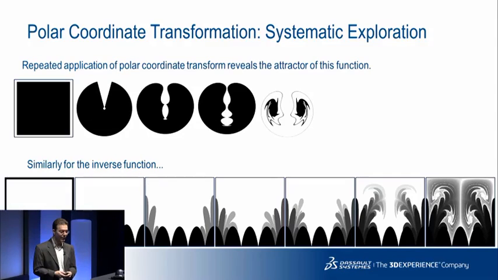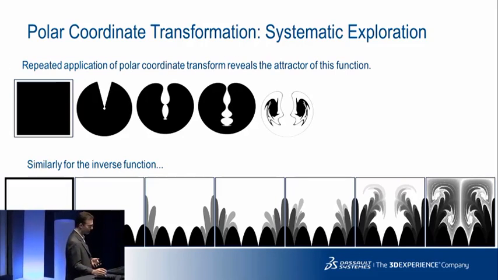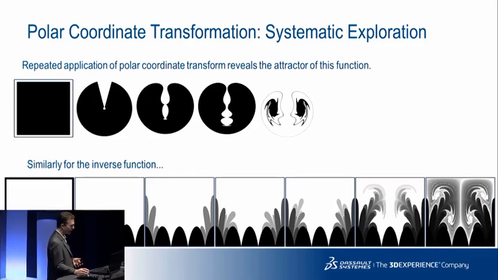So with repeated operation here, we're showing this sort of dead Pac-Man on his back is the first application of the polar coordinate transform. The second application adds another involution and so on until eventually we end up at what approximates the attractor of this function on the right-hand side.